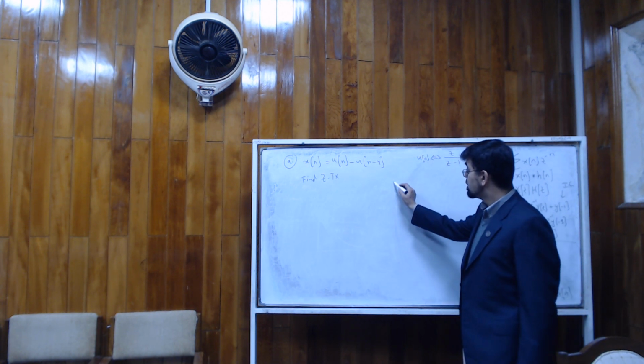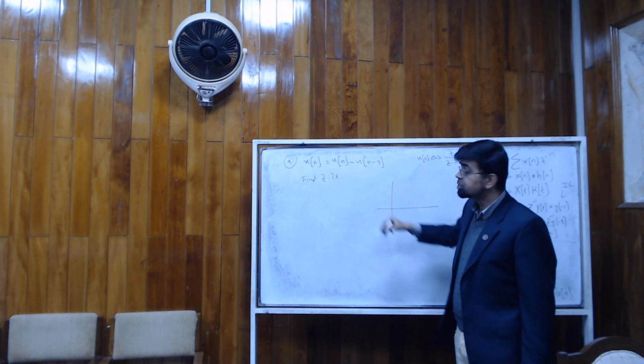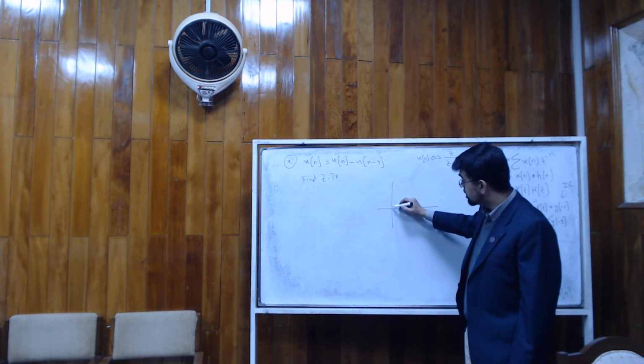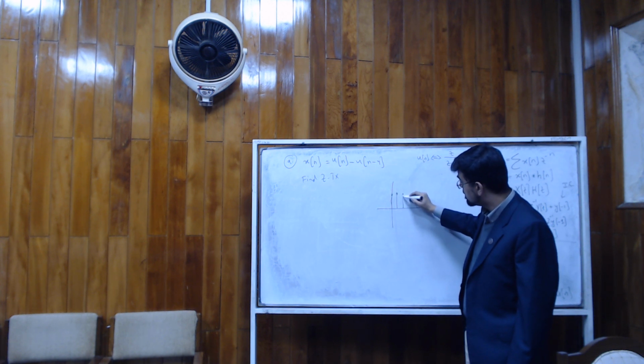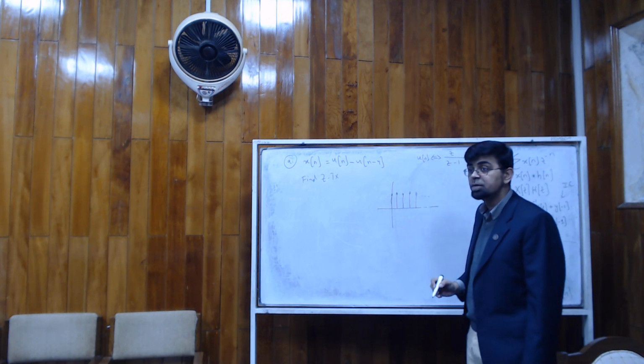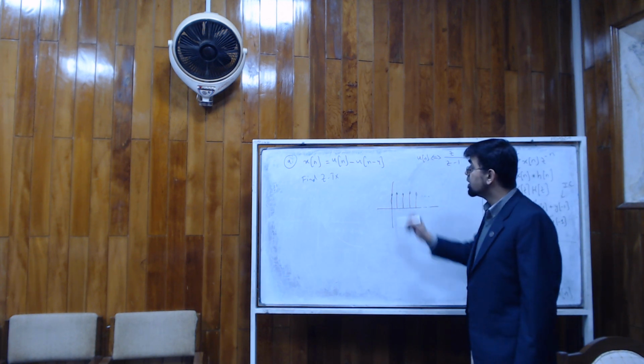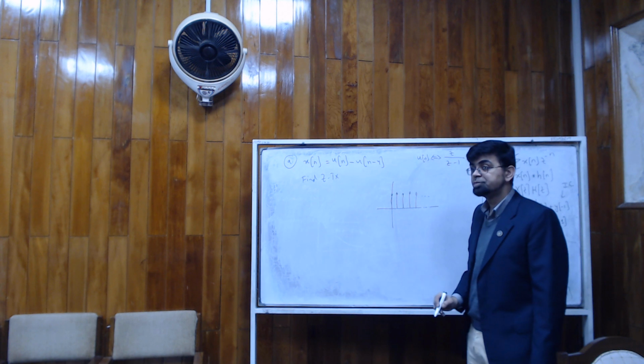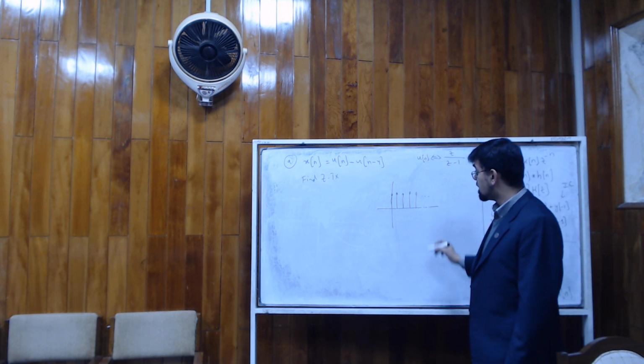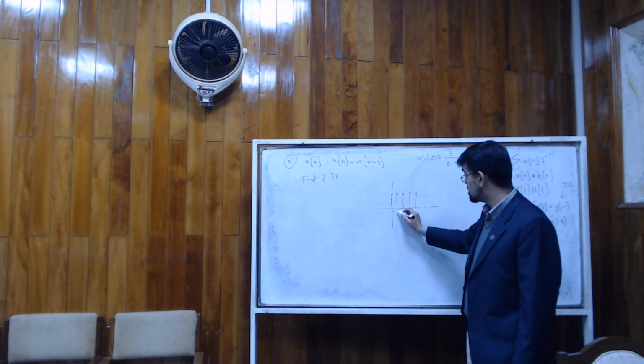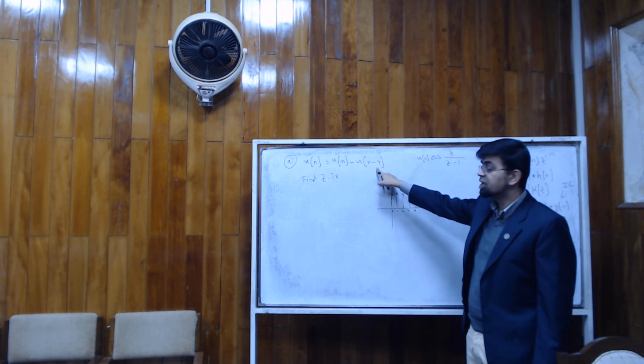So what is the first term? u[n] starts at n equals 0, which is 1, 1, 1, 1, and so on, isn't it? What about the second term? Starts at 4. So if this is 0, 1, 2, 3, 4, it starts at n equals 4.